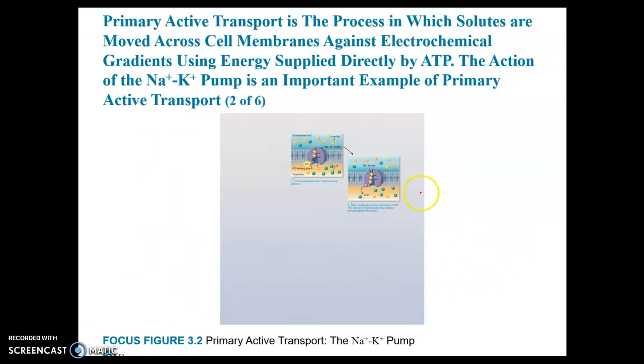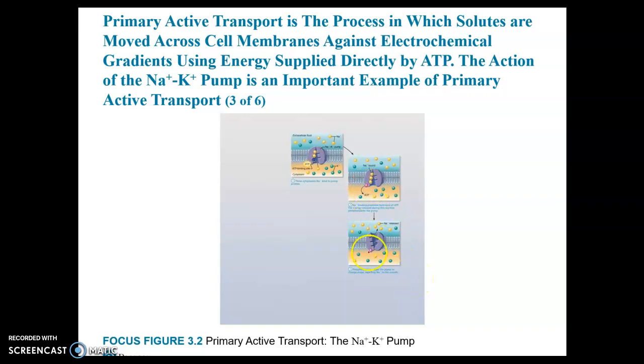Then it says the sodium binding promotes hydrolysis of ATP. So ATP breaks down, and this adds a phosphate to the pump, or phosphorylates the pump, which is this purple. This is a phosphate here.